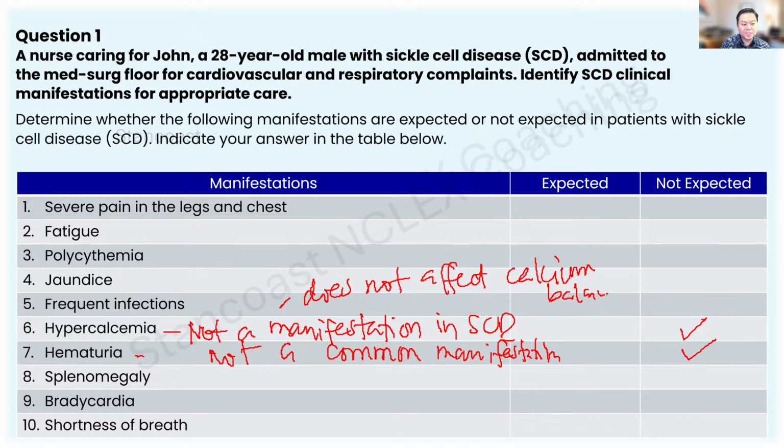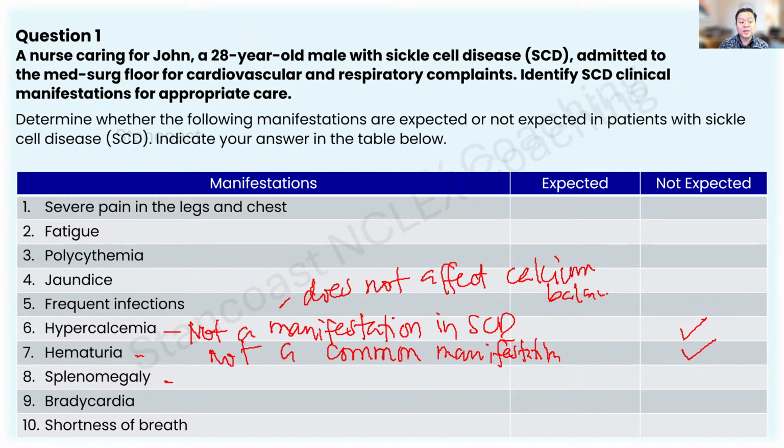Now, what about splenomegaly? What did I say earlier about the spleen itself? Remember that patients with SCD are going to have infarction to that organ. But in most adults with SCD, they actually have a small fibrotic spleen because of the repeated ischemia and infarction. There will not be splenomegaly.